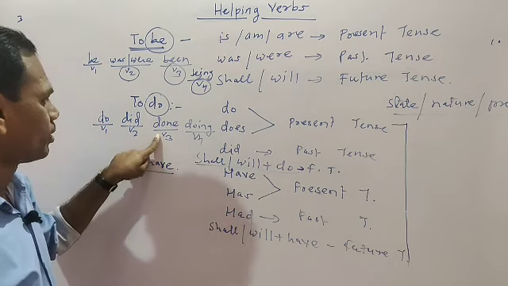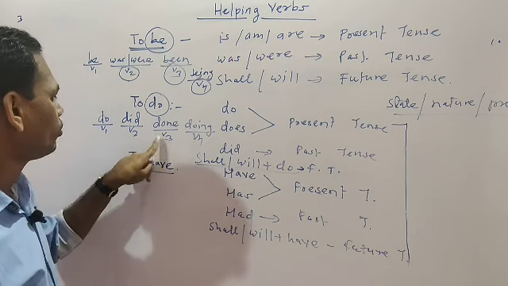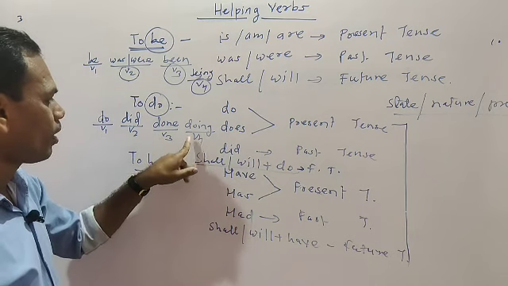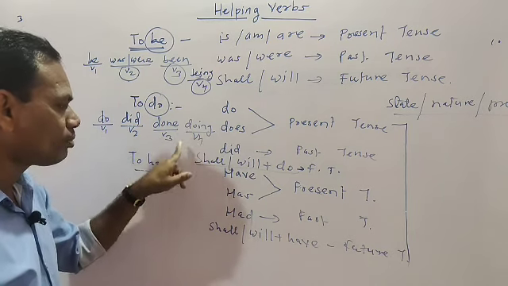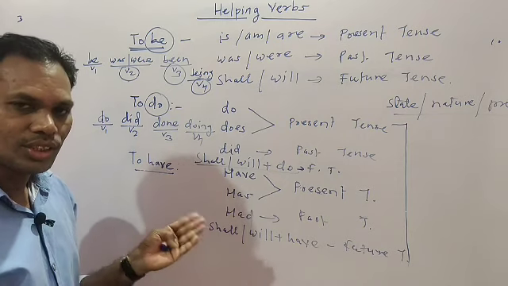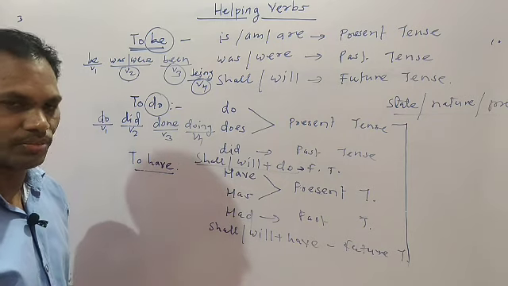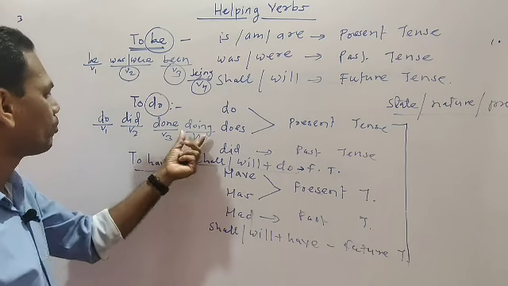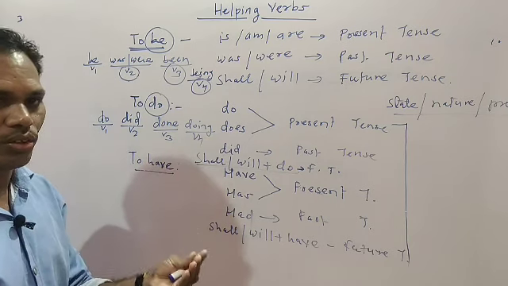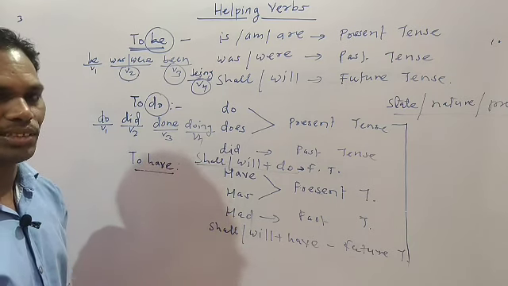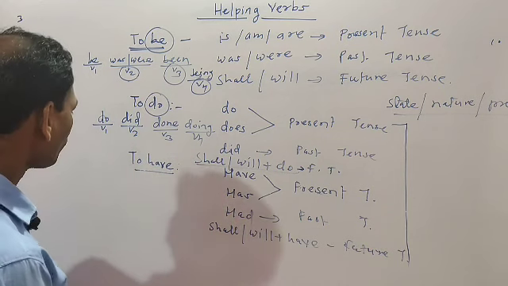Do, did, done, V1, V2, V3, and V4 can be made by joining the ing form to the basic form of the verb. In this way, we can make V4 always. For example, go, going. Going becomes the present participle or V4.